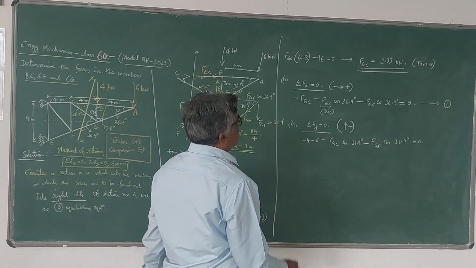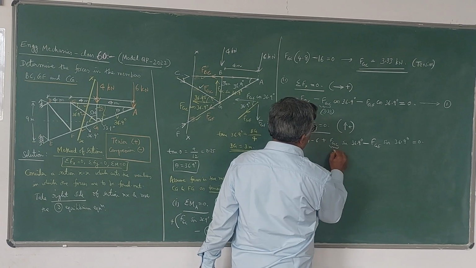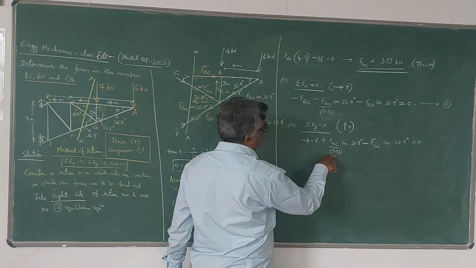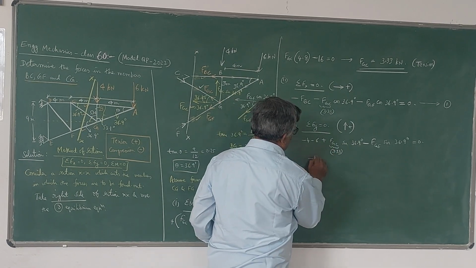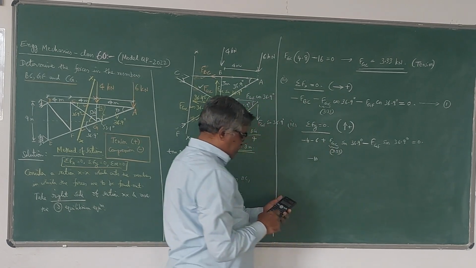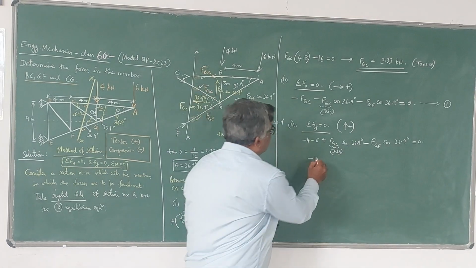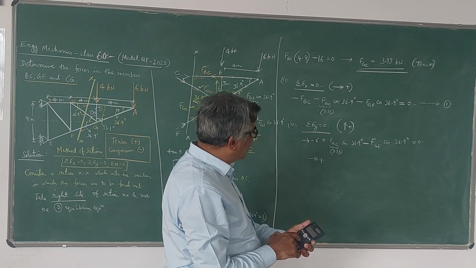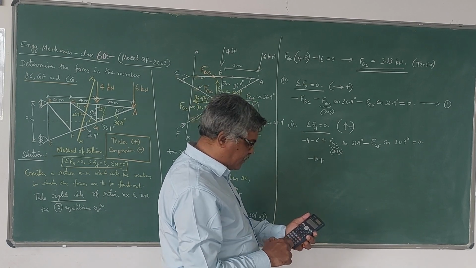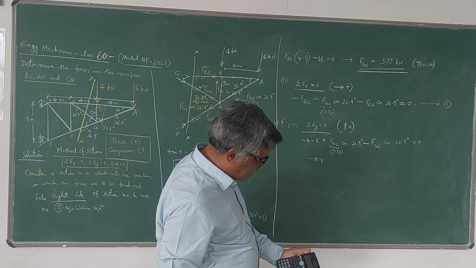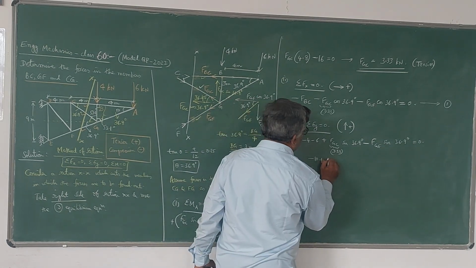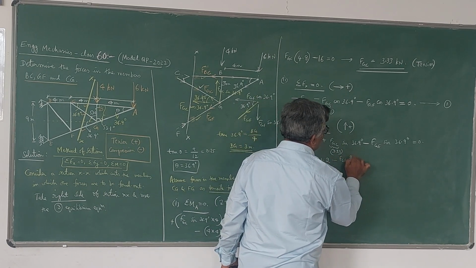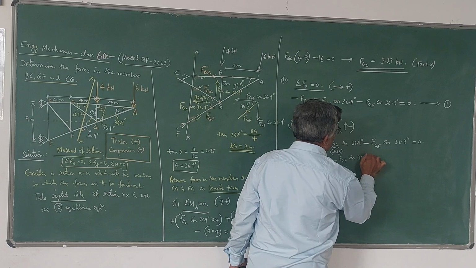Now here FGC value, you know, it is 3.33. Now I think you can find out FGF here, because this is known. This is minus 10, minus 4 minus 6 is minus 10, plus of course 3.33 into sin 36.9, which is 1.999, that is 2, almost you can take it as 2, minus FGF sin 36.9 is equal to 0.